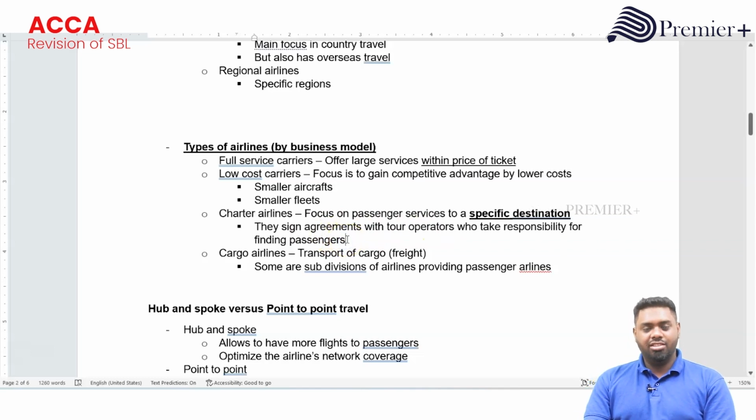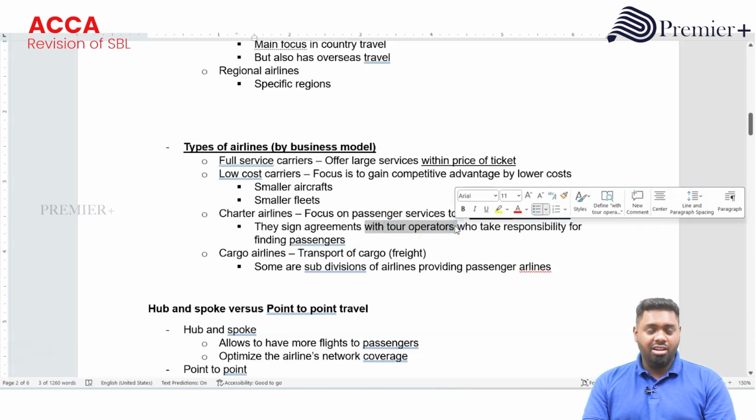So charter airlines provide passenger service to very specific destinations, and to get passengers they typically sign agreements with tour operators. These tour operators are the ones many passengers go to for arranging their travel plans. So these tour operators will direct them to these charter airlines.